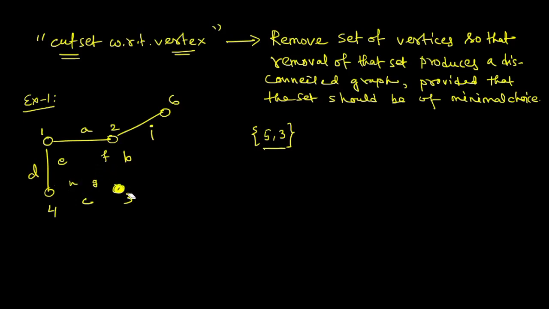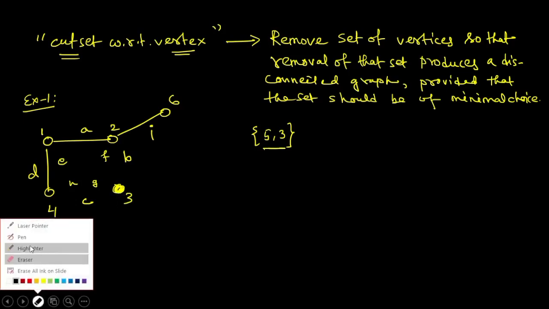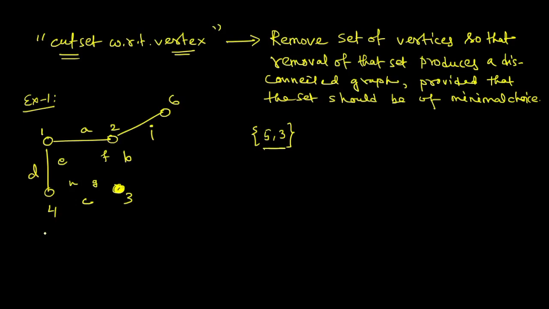But is it a minimal choice? Just think, is it a minimal choice? What is your answer? See, if you are simply removing this 3, then already you had 5 here. Once you are removing this, 3 you are also removing, that means this is gone, this is also gone.